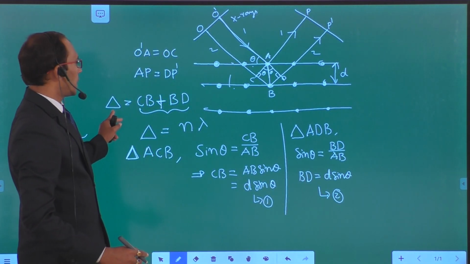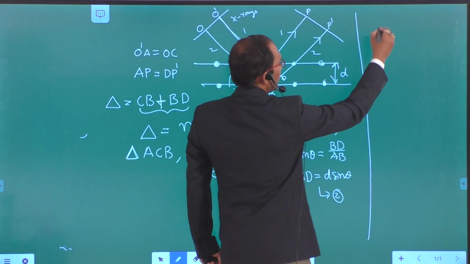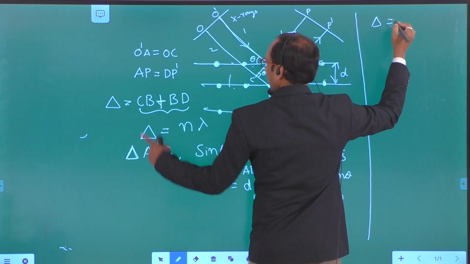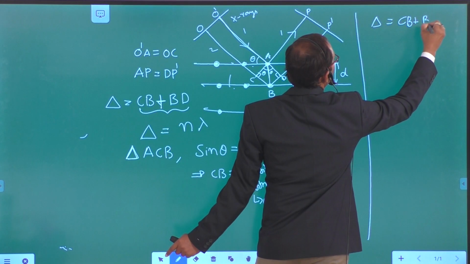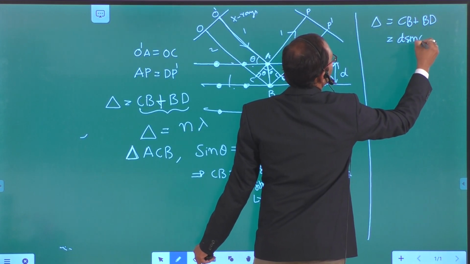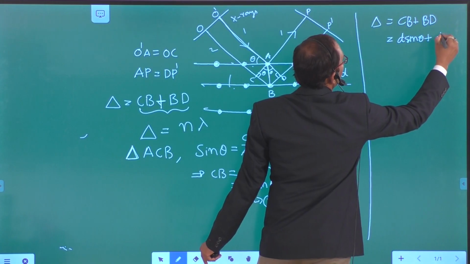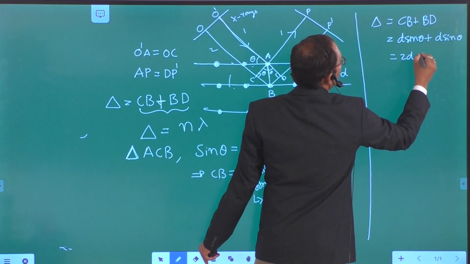What is the path difference? Delta is equal to CB plus BD. CB is d sin theta, BD is d sin theta, so it is 2d sin theta.